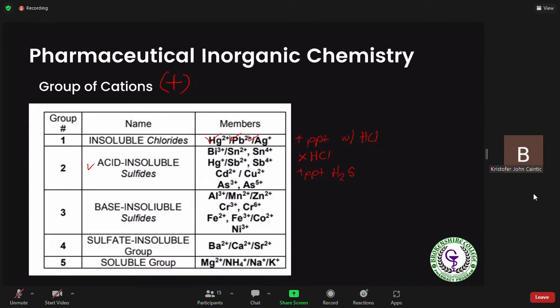So again, do not forget the distinctive thing about group number 2: they do not react with hydrochloric acid, but they will form a precipitate under your hydrogen sulfide, and take note, ammonium sulfide.